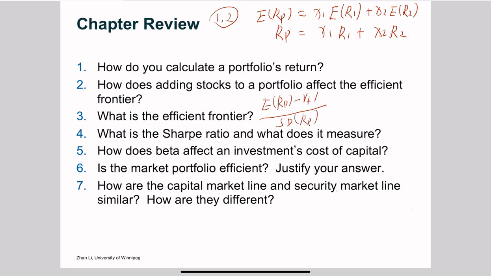So it's a measure of the reward to risk ratio, right? So this is your reward because you're making some investment. So you do want some returns back as your reward. And this is risk because we know that standard deviation is a measure of risk.